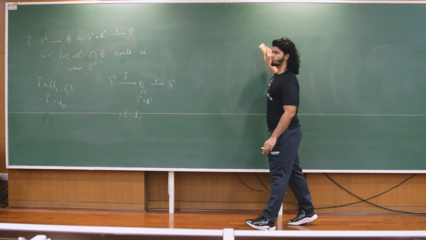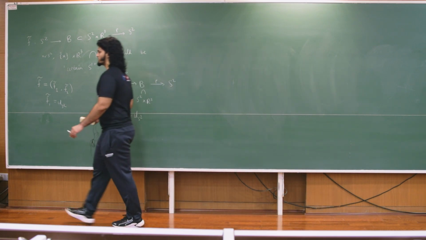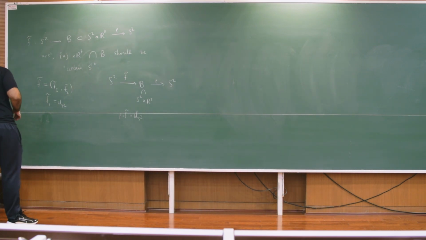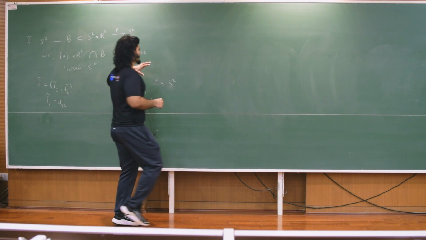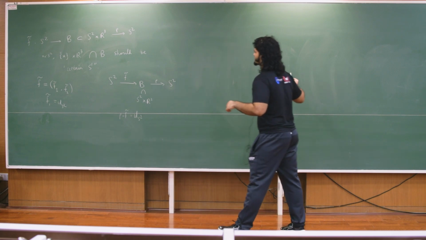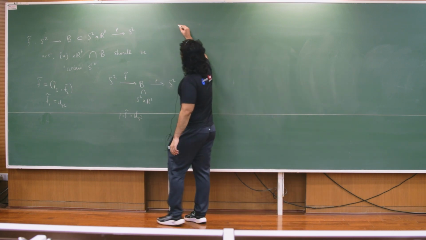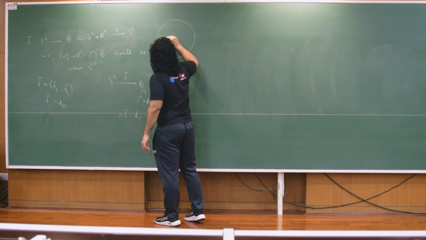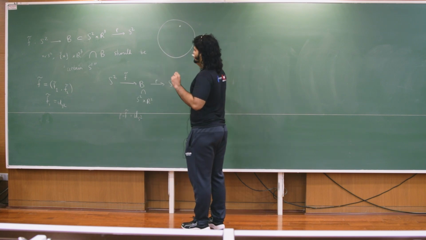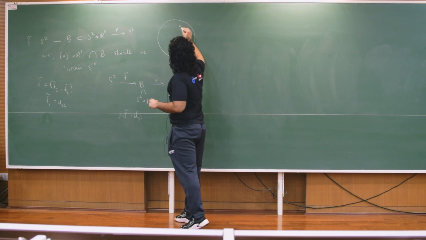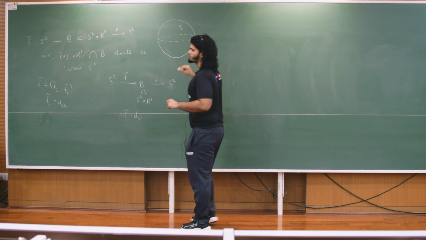So B is a subset of S2 cross R3, and I'm trying to bake in those conditions which I mentioned before. Think of it like this: for each point x in S2, B has a corresponding circle in it.